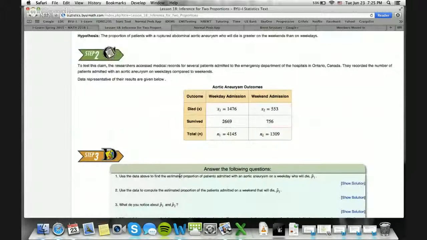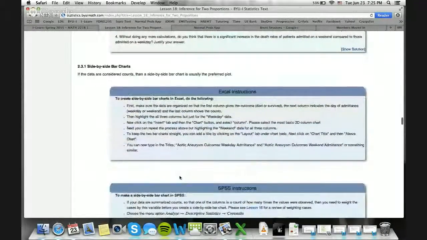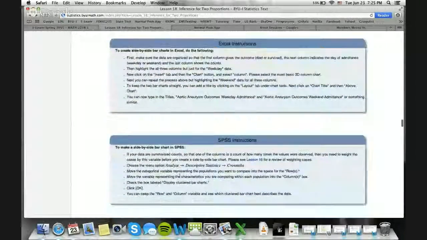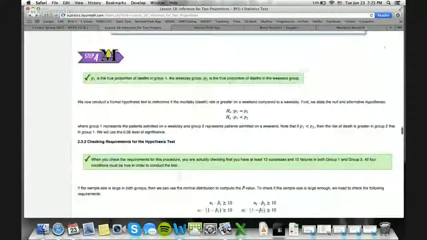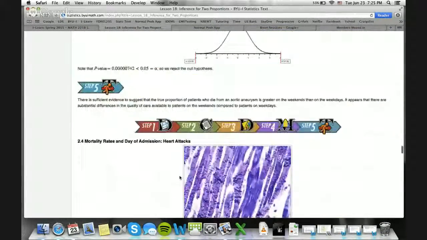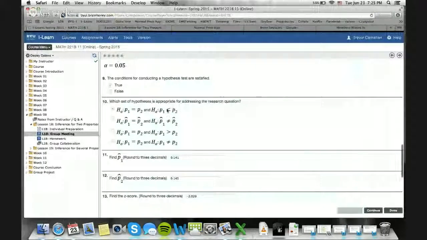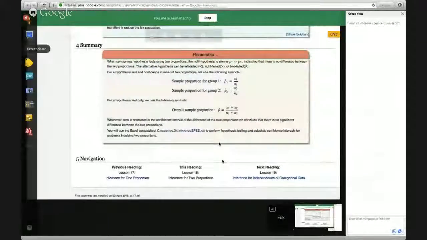I don't know. The other sections of this class use Excel. Yeah, we're the only ones that use SPSS, I think. Am I a total cheat then because I used Excel? No, because that whole thing is an Excel file.